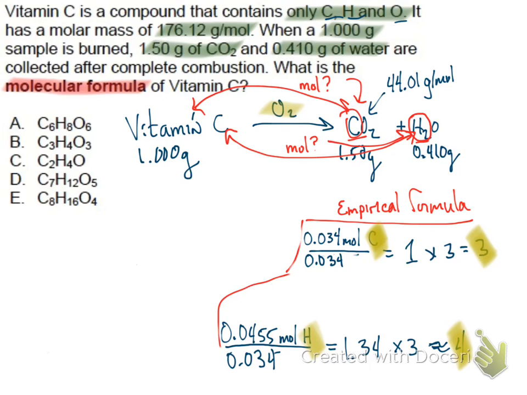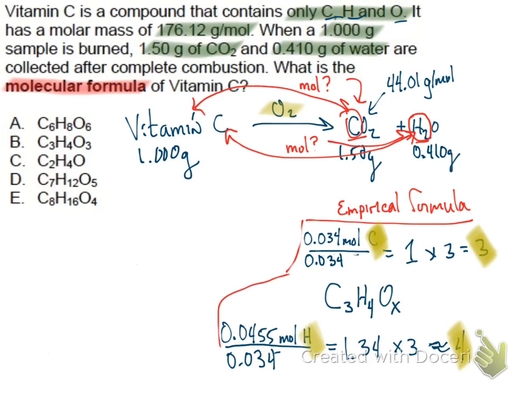And we have the start of a molecular formula, right? We can write carbon 3, hydrogen 4. What else we know, though, is that there's some oxygen present in this sample. And so we also have oxygen X, where we don't know what X is. But we're getting pretty close.